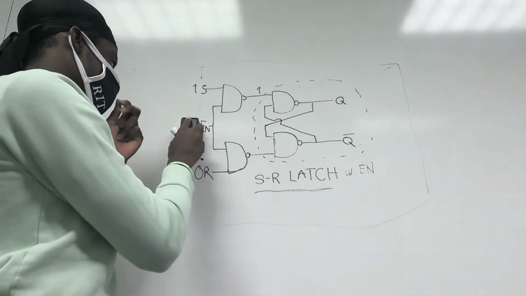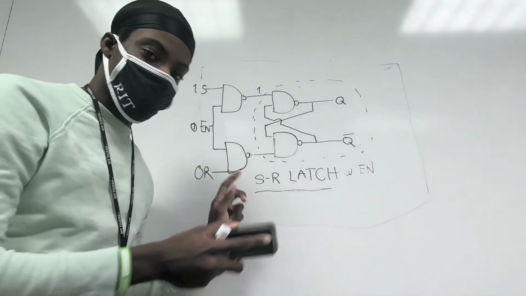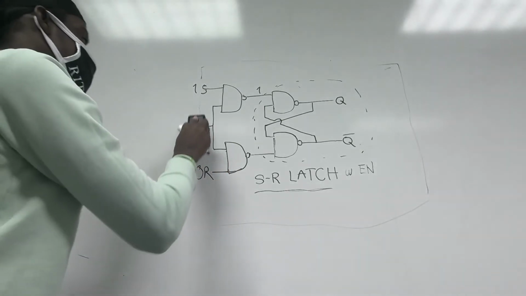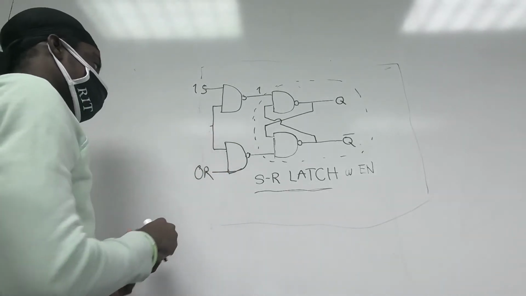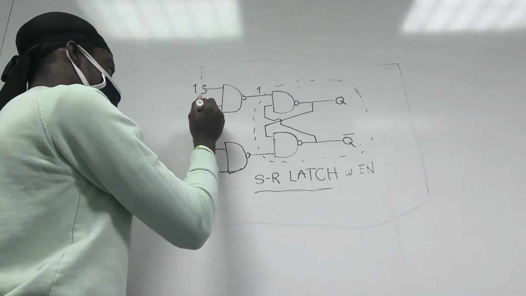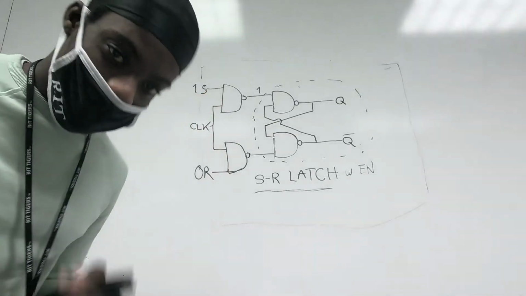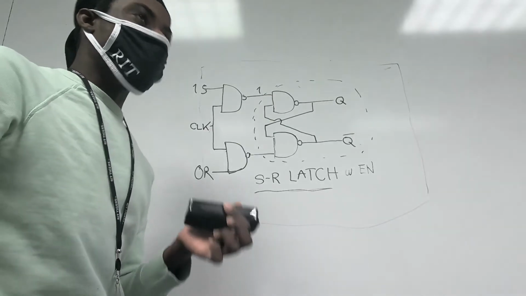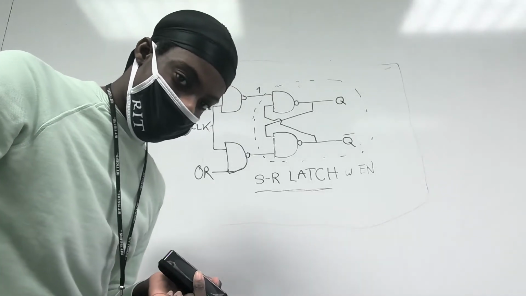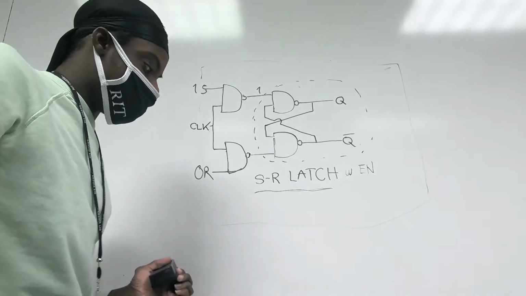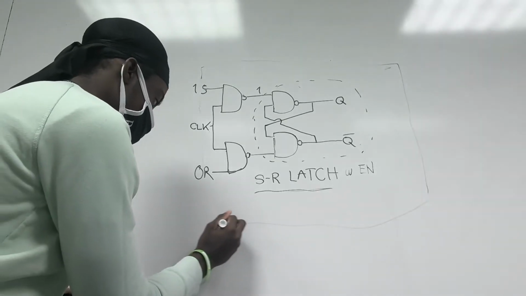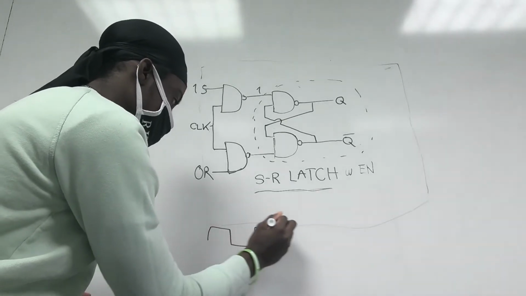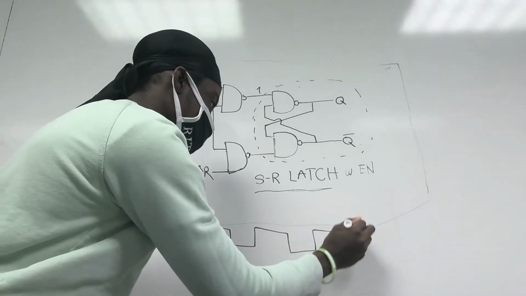So we can take control of this enable and even replace it with a clock. Why replace it with a clock? Because a clock allows for more predictability in timing, because it's more regular in the time intervals.